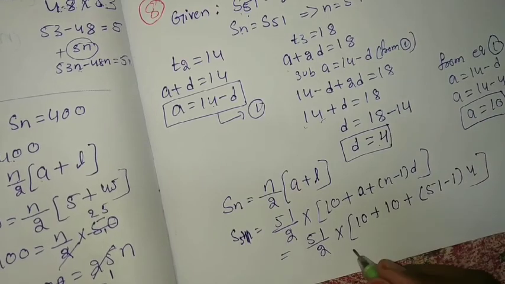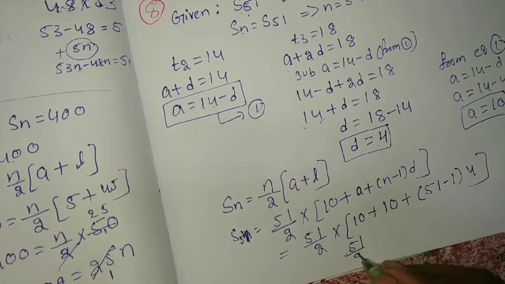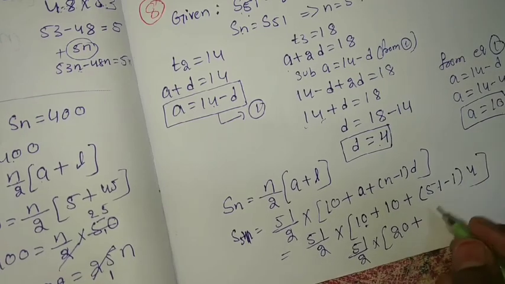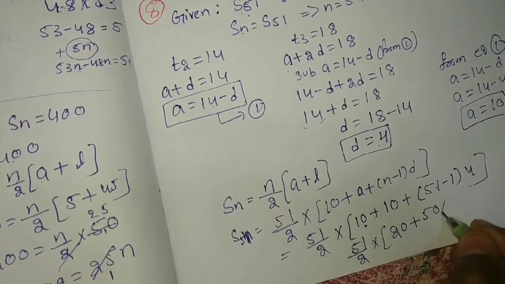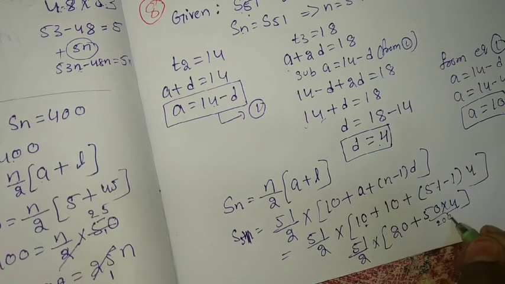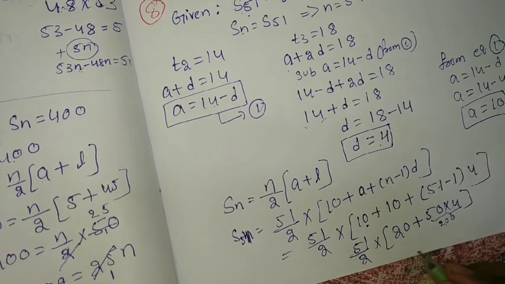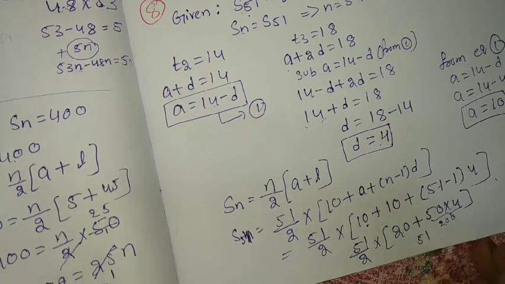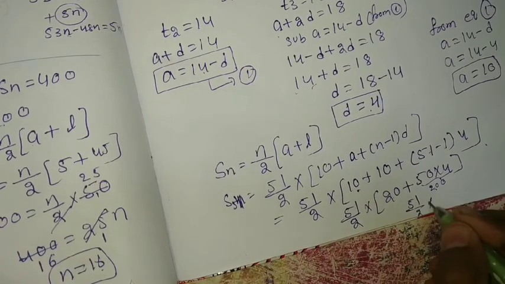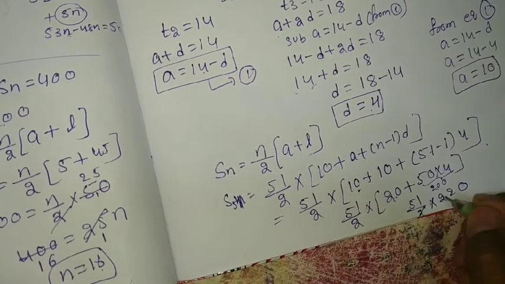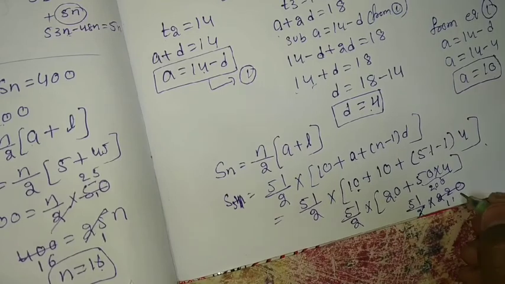Understand? So 51 divided by 2 into 10 plus 10, 20, plus 51 minus 1, 50, into 4. So what is 50 into 4? 200. 200 plus 20, we will get 220. That means 51 divided by 2 into 220. Let's cancel: 2 ones are 2, 2 twos are 4, and 0.